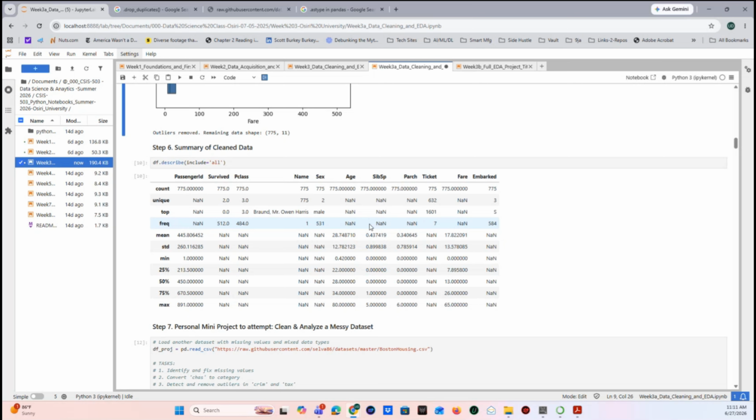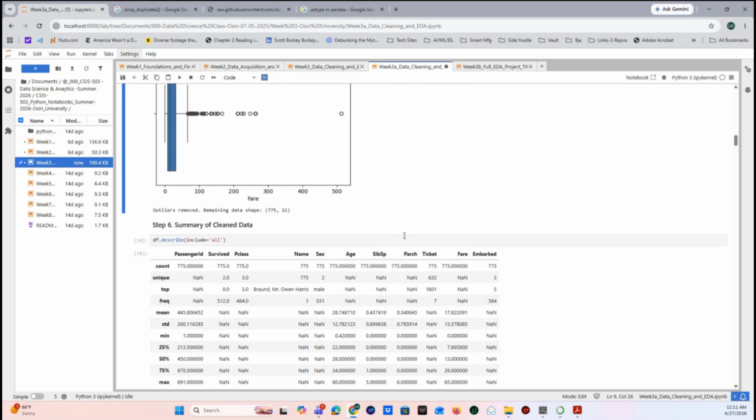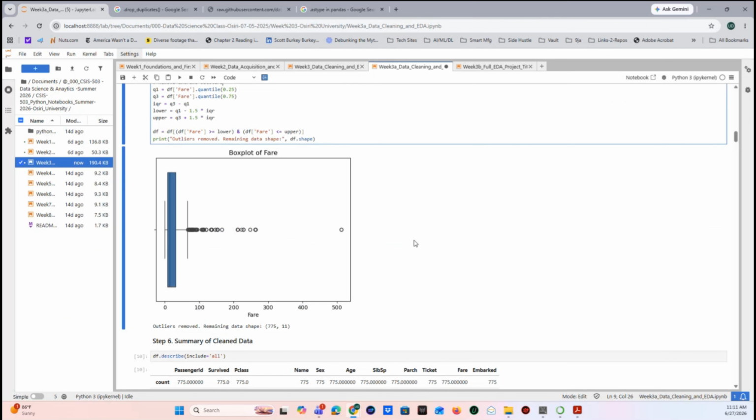This is where you now remove your outliers. Your df is equal to, you're saying your Fare is greater than or equal to lower, and your Fare is less than or equal to a certain upper value, right?